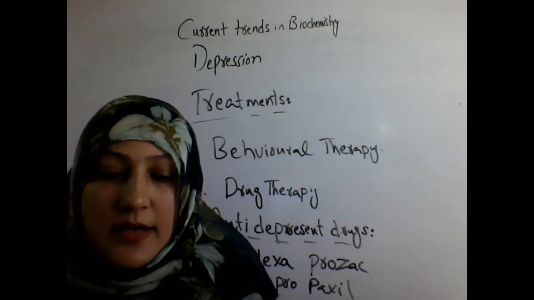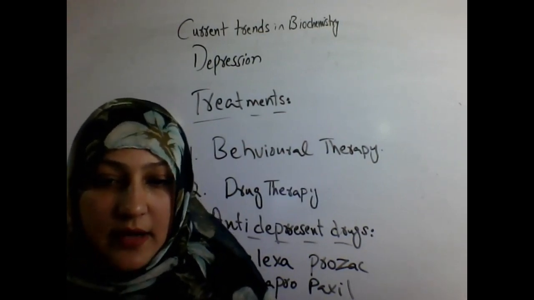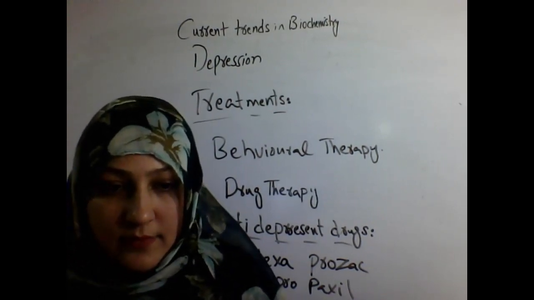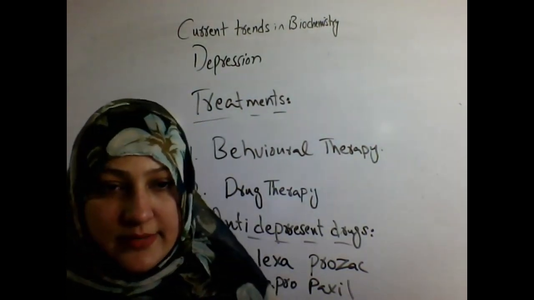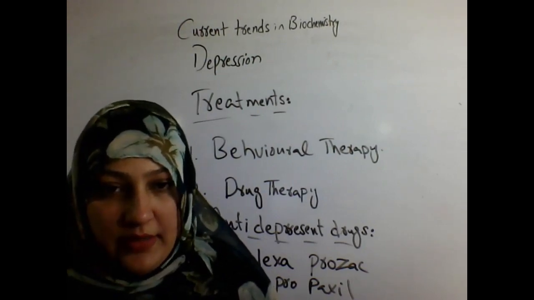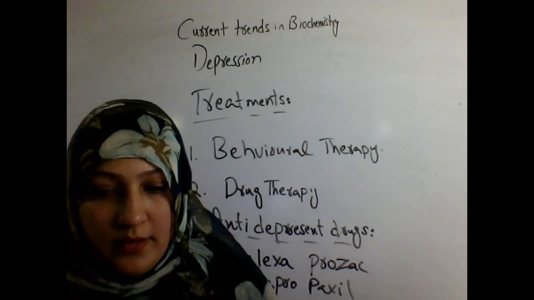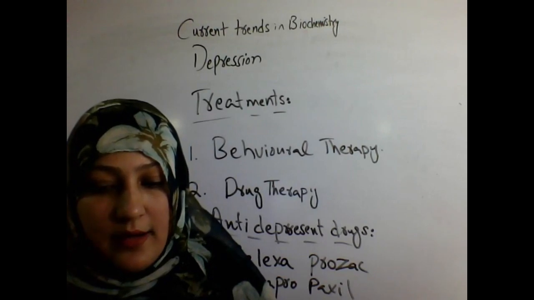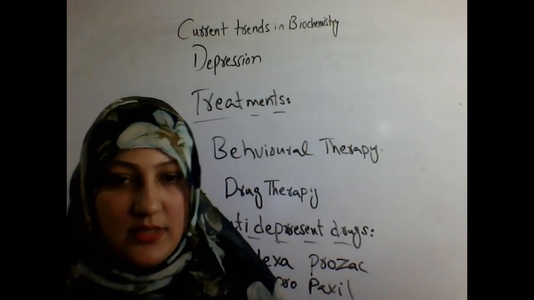But definitely these drugs have side effects. The major side effects caused by these drugs are changes in the stomach: indigestion, stomach aches, nausea, cramps, or bloating within the body, the gastrointestinal disturbance.